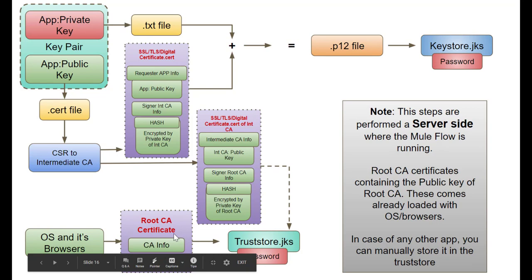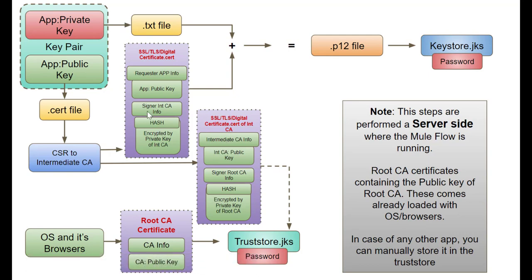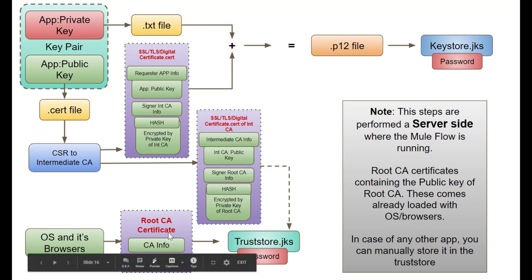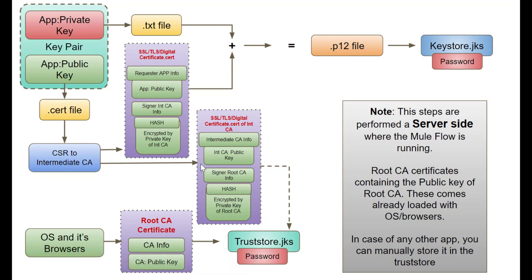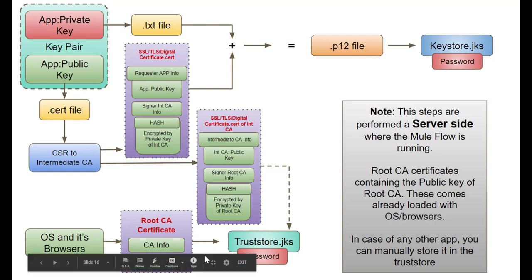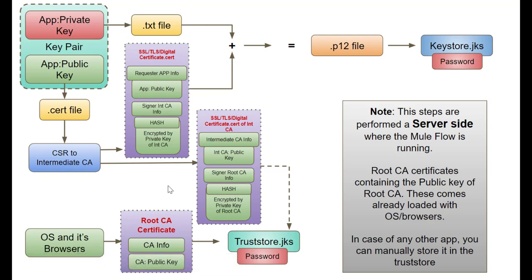As you can see, the root CA has signed the digital certificate of the intermediate CA, and the intermediate CA has signed the digital certificate of the application, right? So a chain of trust has been made.